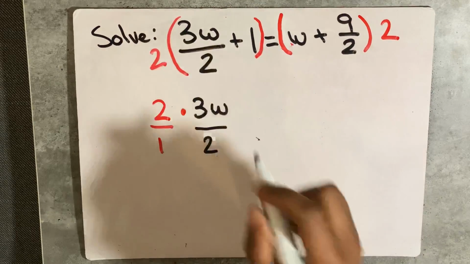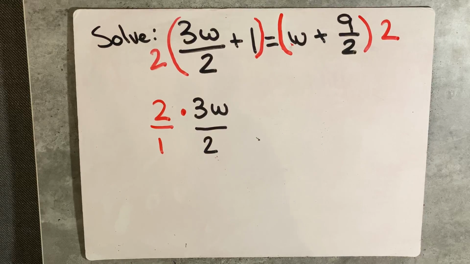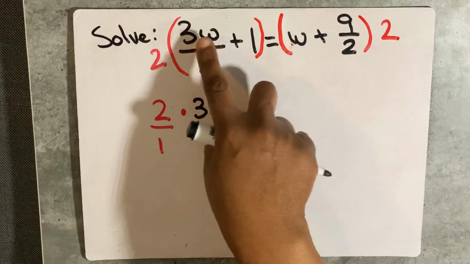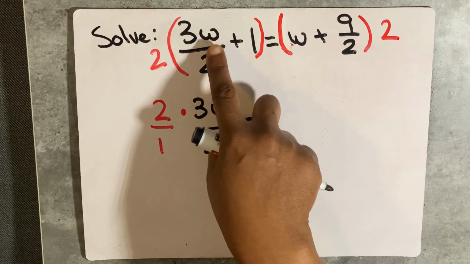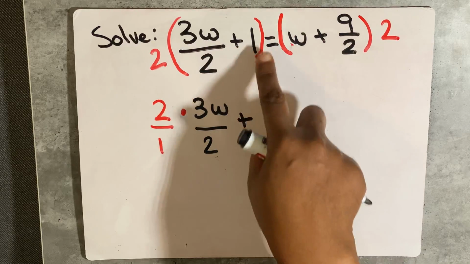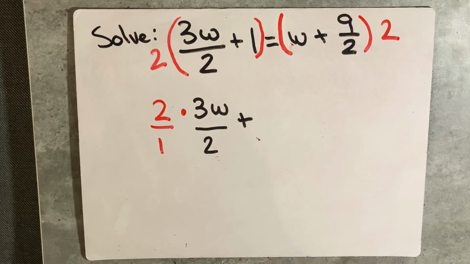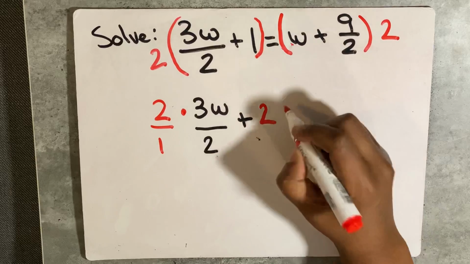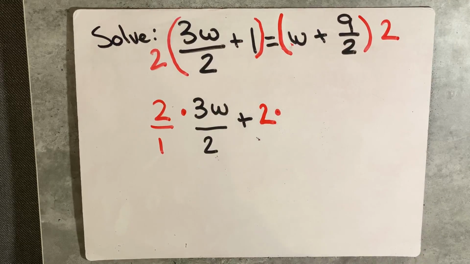And I keep that there. And then you're going to do the same thing with this one. Plus, because it's still 3w divided by 2 plus 1. You still got to include that 1. Just because it is a whole number doesn't mean you don't include it. You still got to include it.